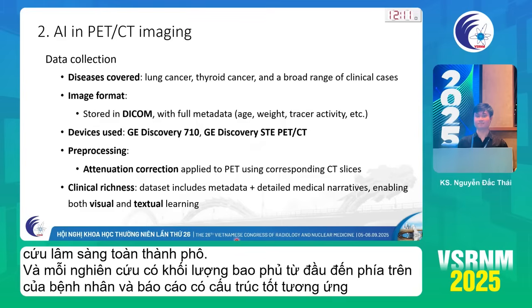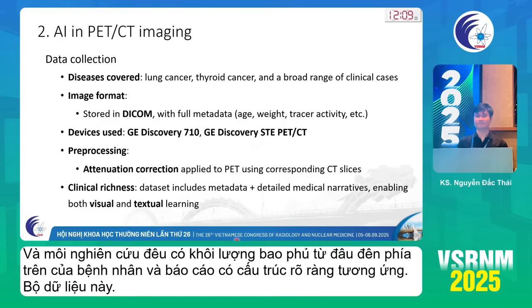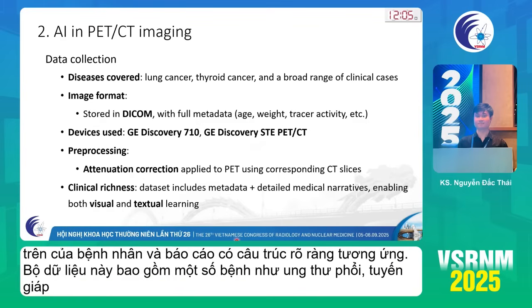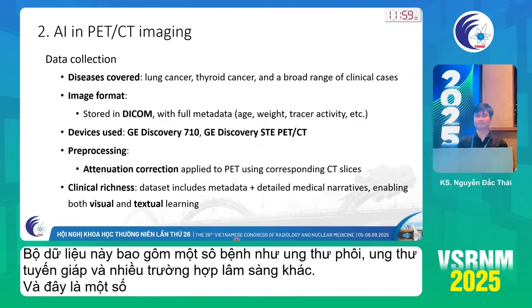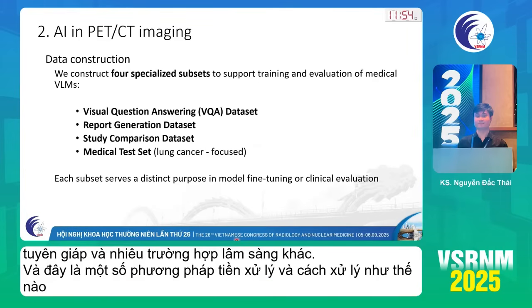This dataset covers several diseases like lung cancer, thyroid cancer, and a broad range of clinical cases. And here are some pre-processing methods and device details of how it was obtained.